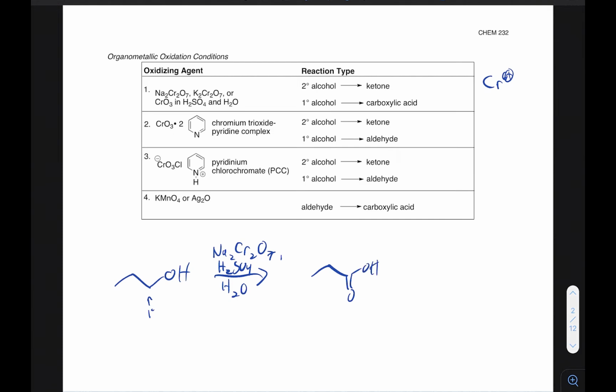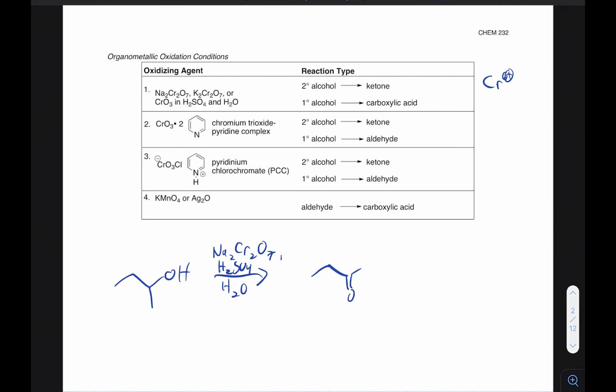That carbon is still there, but now we have these oxygens on it. We've increased the oxygen content, we've decreased hydrogens, we have an oxidation occurring. And if we were to change this and make it a secondary alcohol, we would instead have a ketone, just like this.